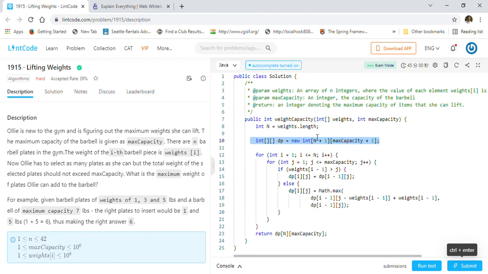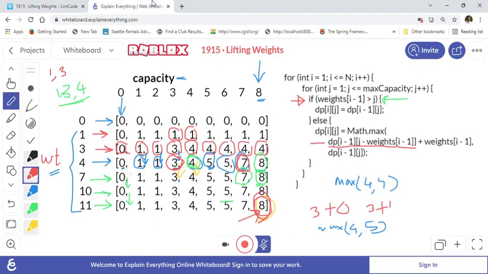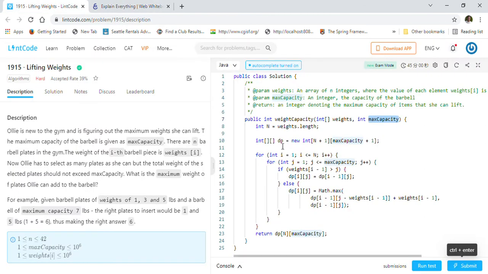So m into n is both the time and the space complexity for this solution.